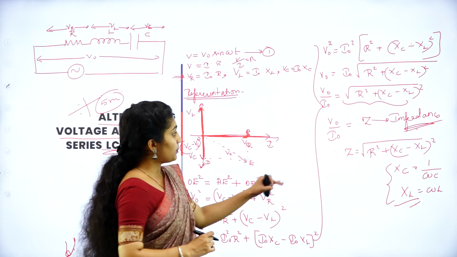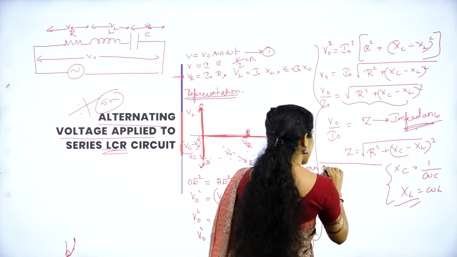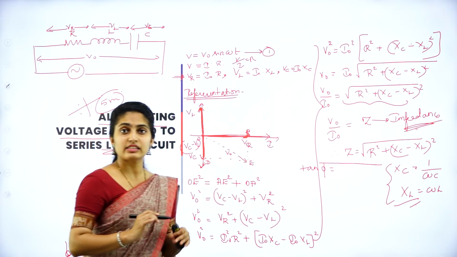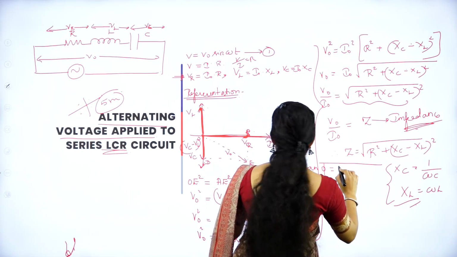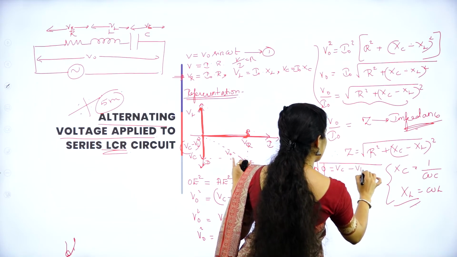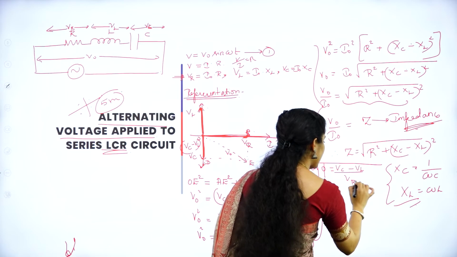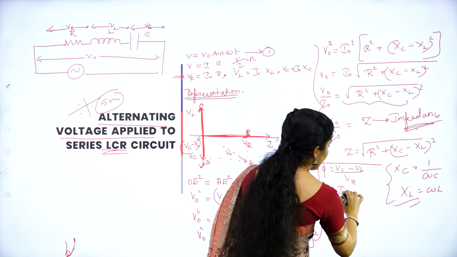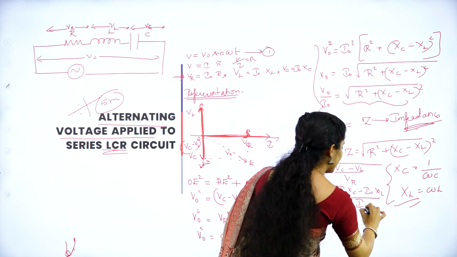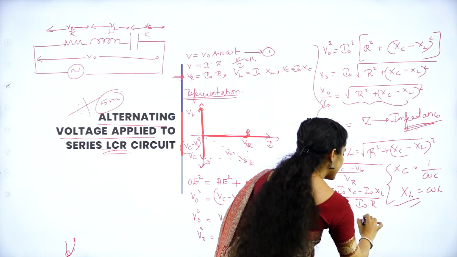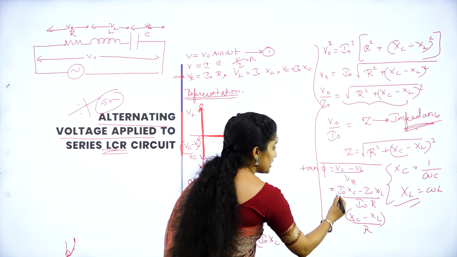Suppose you want to check the phase difference, you can go with tan phi, that is tan theta is equal to opposite by adjacent. Opposite you have AE, so it is VC minus VL, divided by adjacent OA, which is VR, equal to I naught into XC minus I naught into XL divided by I naught into R. We end up with XC minus XL divided by R, because taking I naught common, it just cancels out.